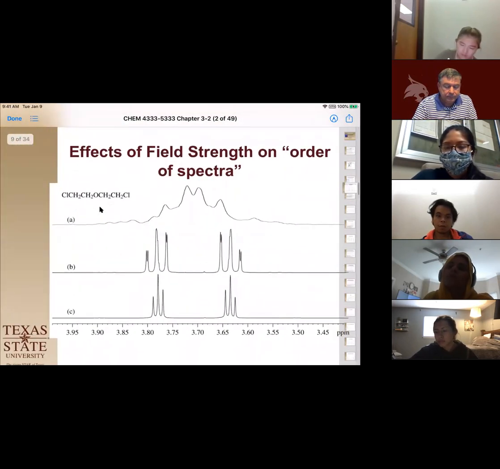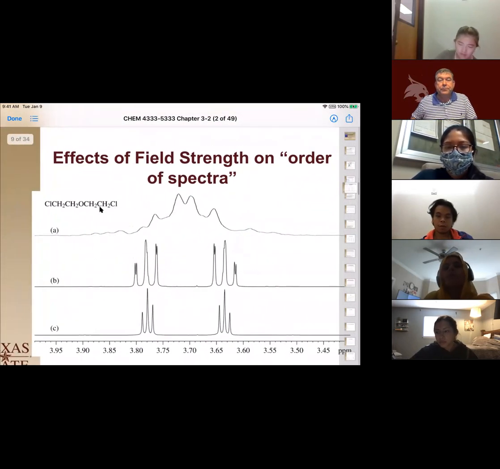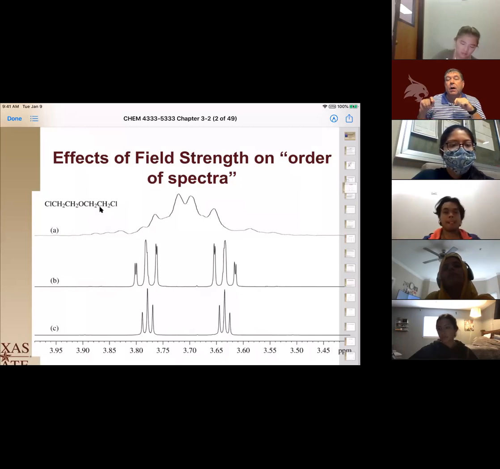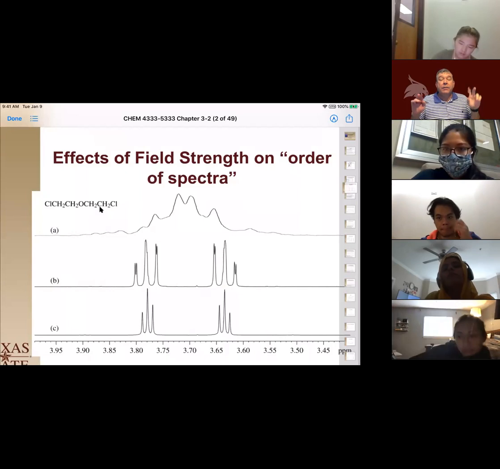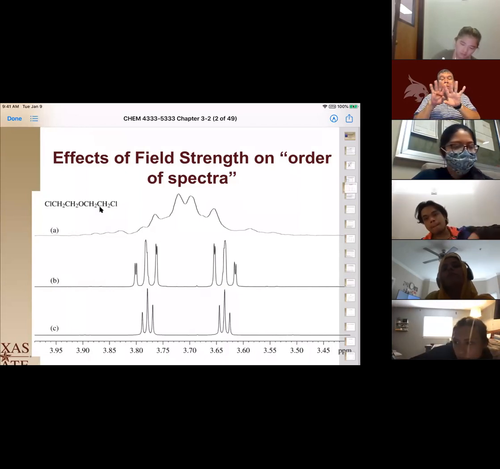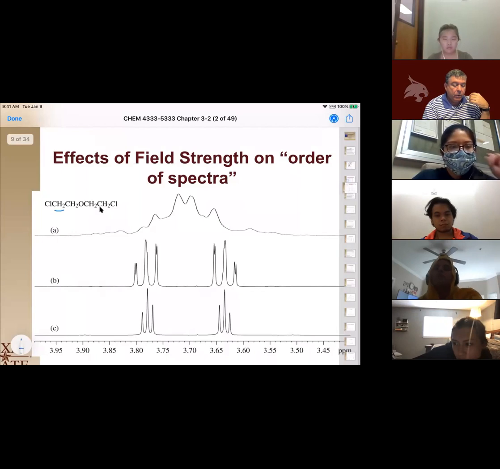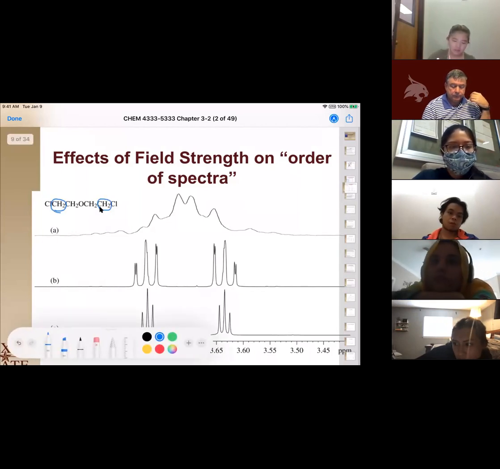All right. So, moving on, let's look at the effect of field strength on the order of the spectrum. The order of the spectrum is associated with having your coupling constants be separated enough that they line up correctly. In this case, we have a simple system where we only have 2 types of hydrogens.